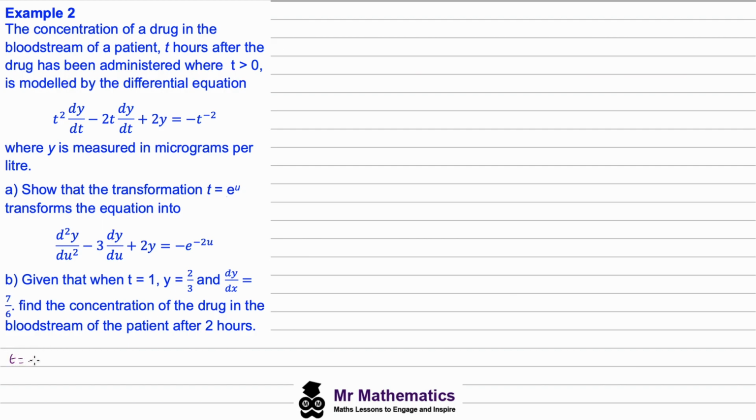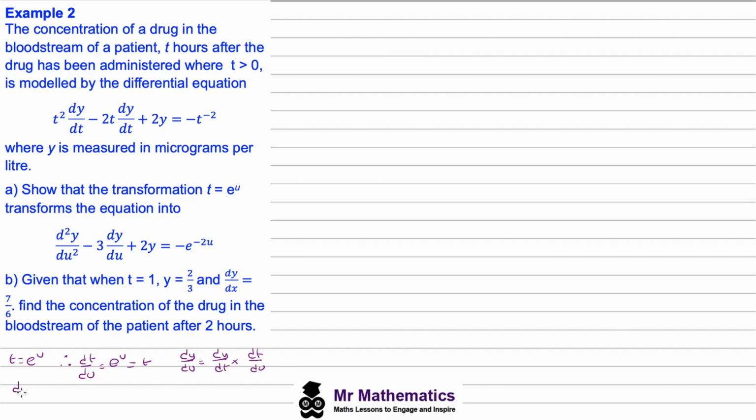So if we begin where t is equal to e to the u, we can work out dt by du as also e to the u, which is then also equal to t. And then we can use the chain rule to work out dy by du, because dy by du will equal dy by dt multiplied by dt by du, because these dt's will cancel, and then we're left with, on the right hand side, dy by du.